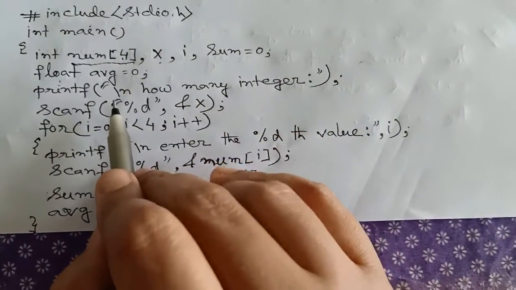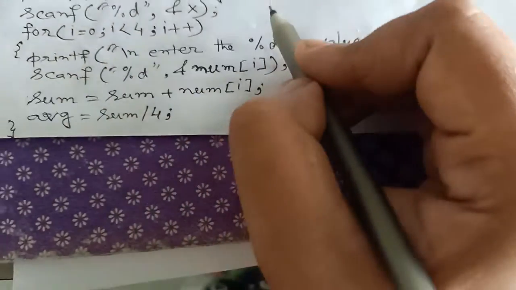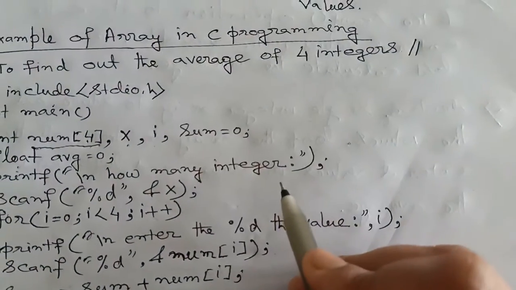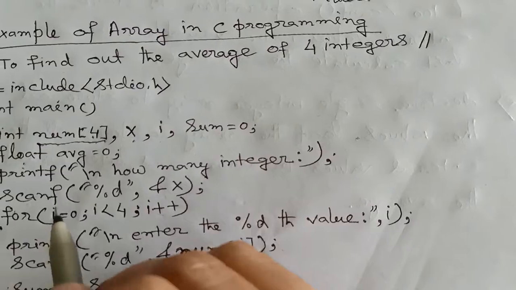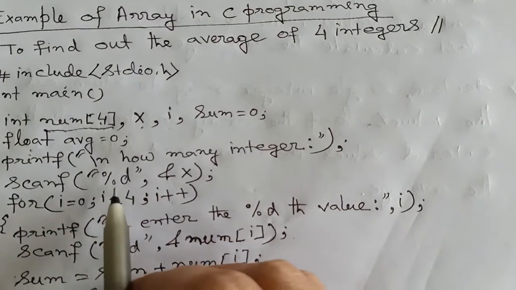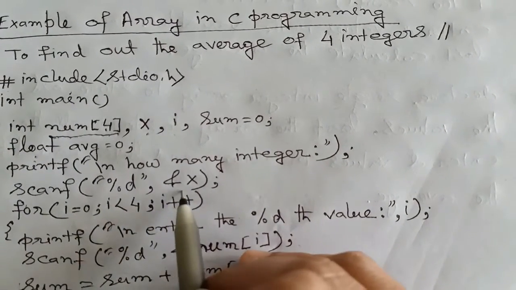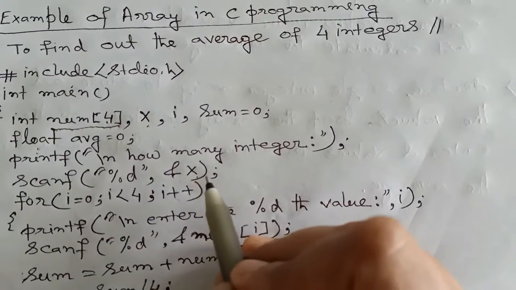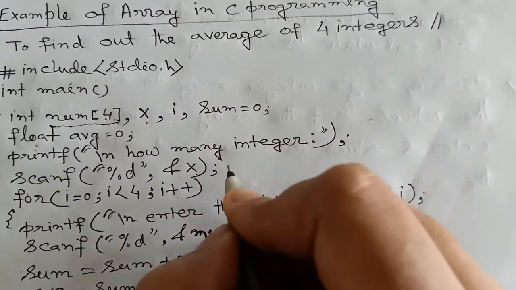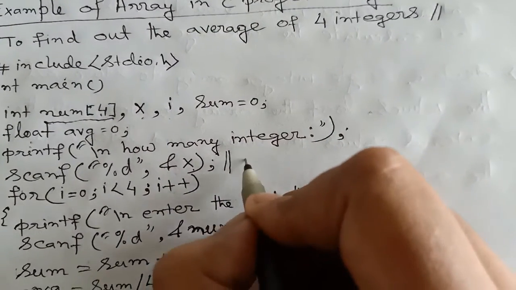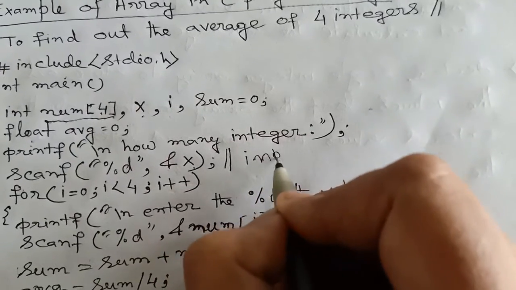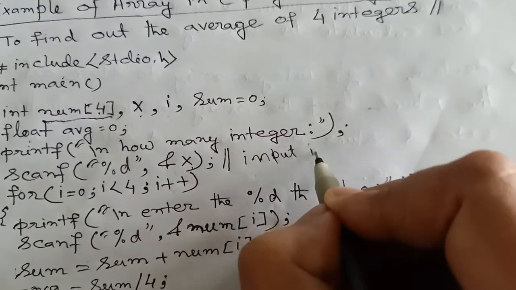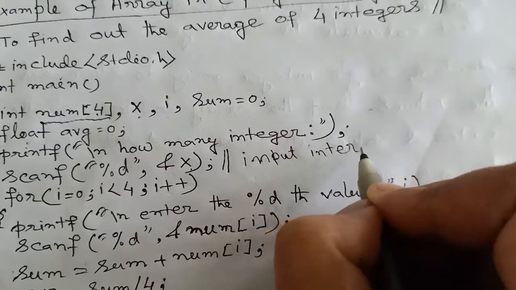Next printf "how many integers". Next scanf with %d and &x, so we are able to take the input integer value.